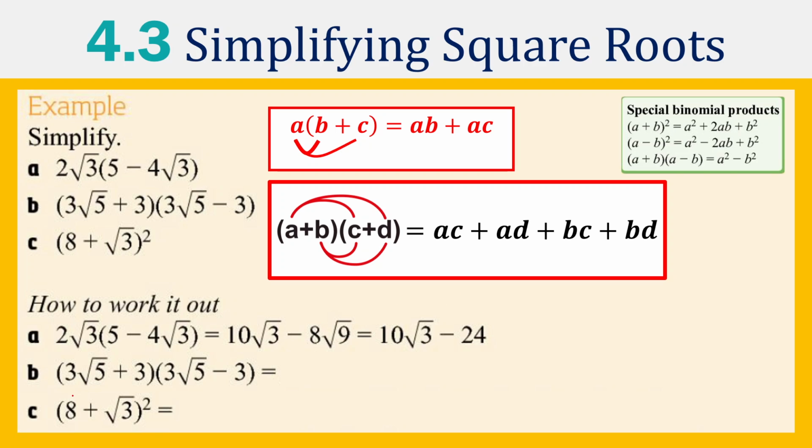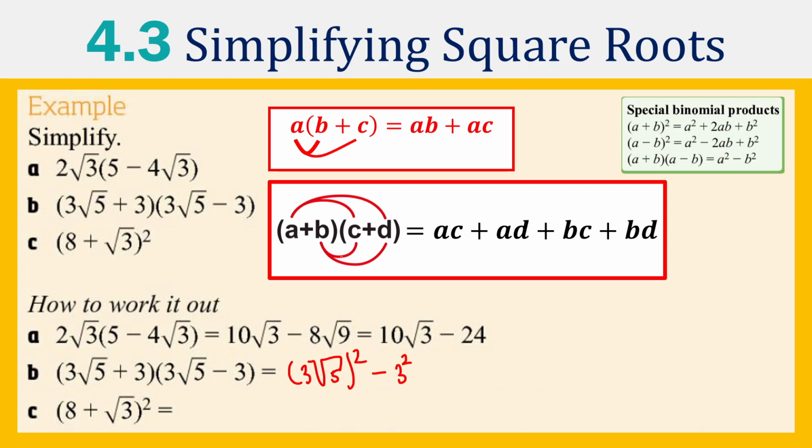In B, you can multiply out the brackets using the parrot speak method, but if you watch carefully, you will see that this is of the special binomial product form. So what I could do is the first thing squared, which means 3 square root 5 squared, minus the second thing squared, which would be minus 3 squared. And I think that's a bit quicker.